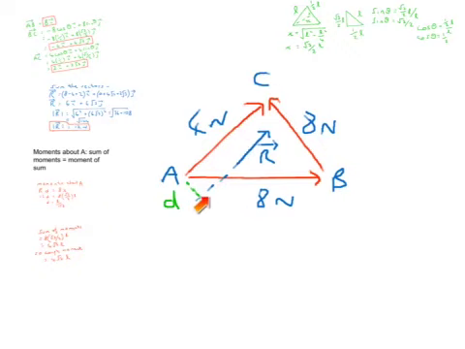That means its line of action, the perpendicular distance to the line of action from A, will be given by this distance d. Now AC goes through A, as does AB, so they will have no moments. The only force over here which does have a moment is the 8 newtons from B to C. However, we need to identify the distance of its line of action from A.